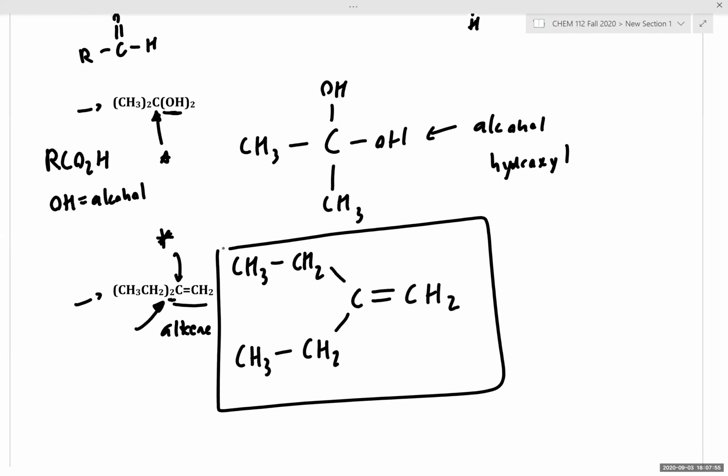Does this make sense to everyone? Is everyone comfortable with these examples? Professor, for the first one, can you put hydroxide on the top and bottom? It actually doesn't matter where you put it because this structure is symmetrical.